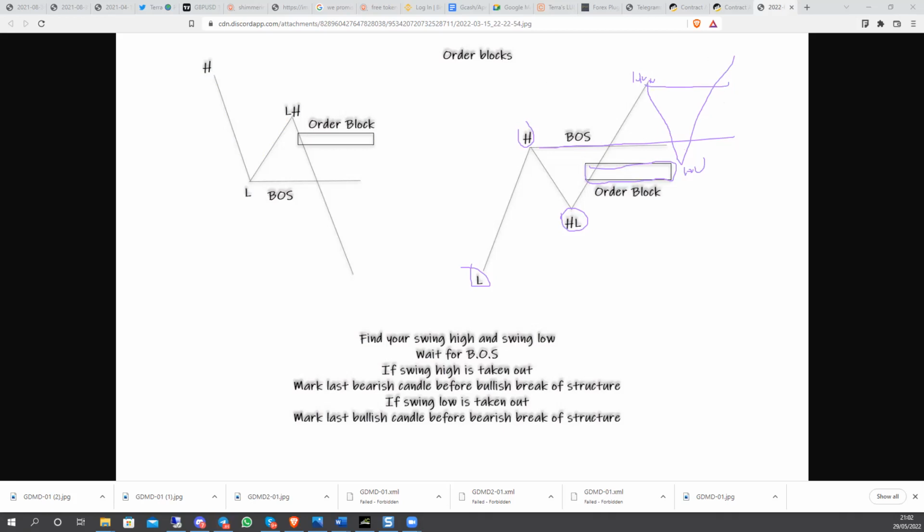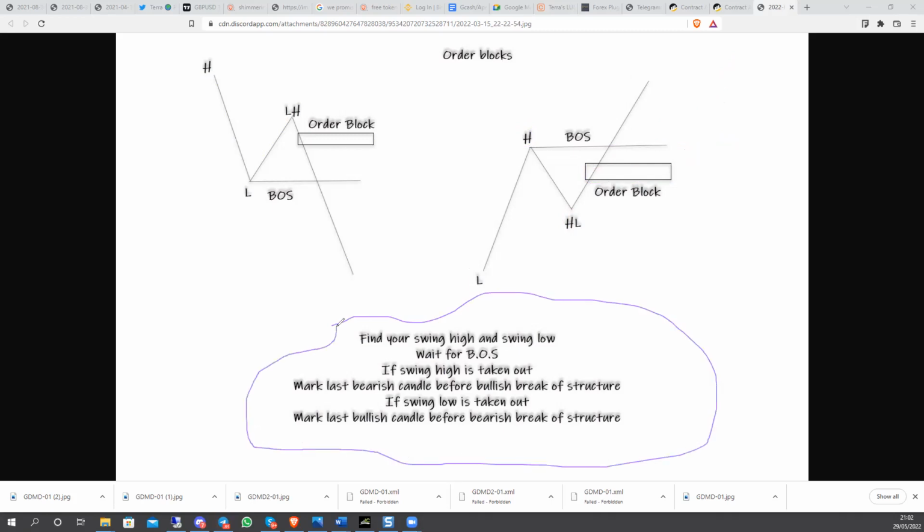So the easiest way to explain it is summarized here, which is nicely done. Find your swing high and swing low, wait for a break of structure. If the swing high is taken out, mark the last candle before the bullish break of structure. If the swing low is taken out, mark the last bullish candle before the bearish break of structure.